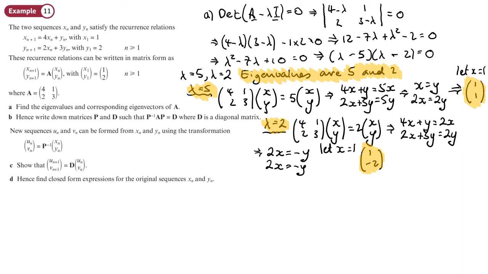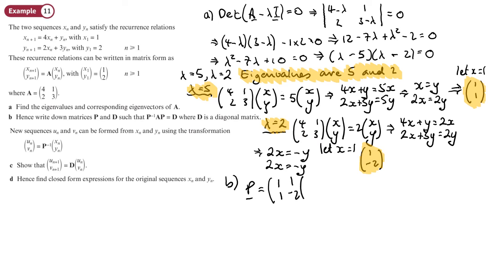Now part B, what we need to do is to hence write down matrices P and D such that P inverse A P equals D, where D is a diagonal matrix. So remember, P is going to be the matrix where its columns are the eigenvectors. So if I use the one for lambda equals 5 first, that'd be 1, 1. And then the eigenvector for eigenvalue 2, 1, negative 2.